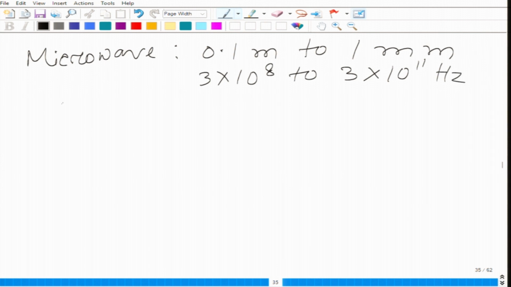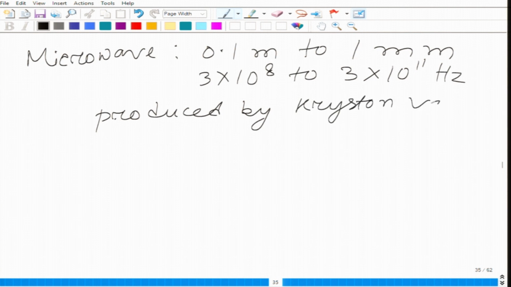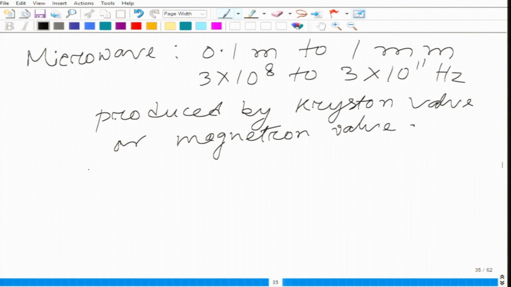Microwaves are produced by crystal bulbs or magnetron bulb, and they are detected by point contact diodes.